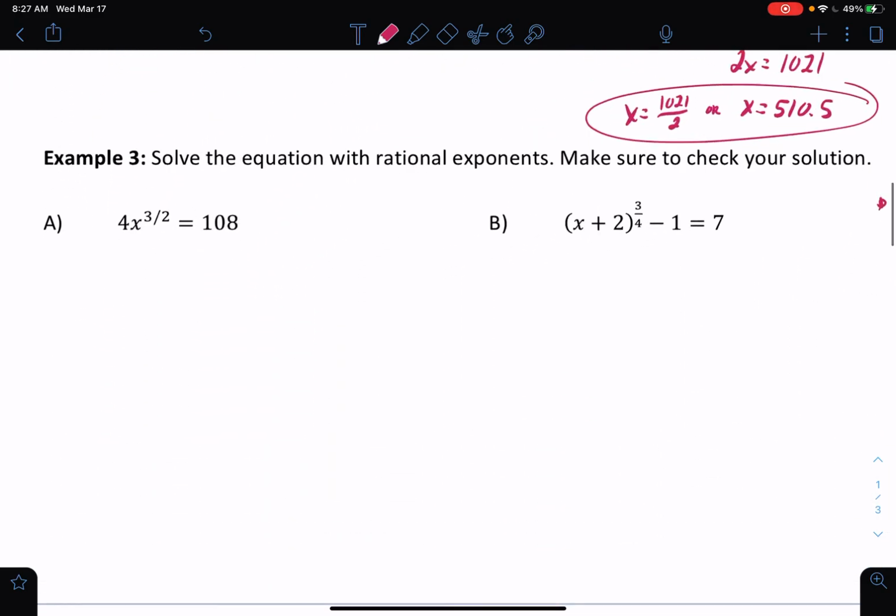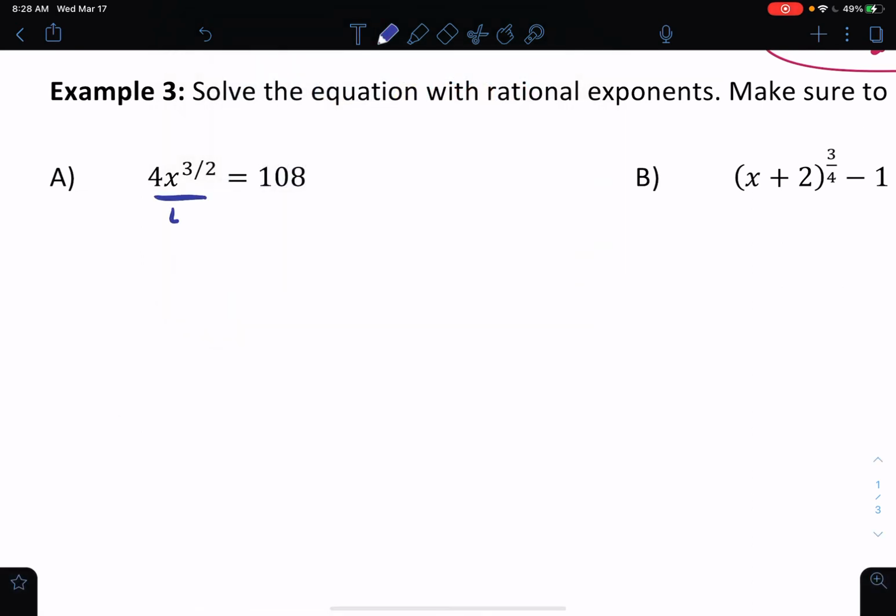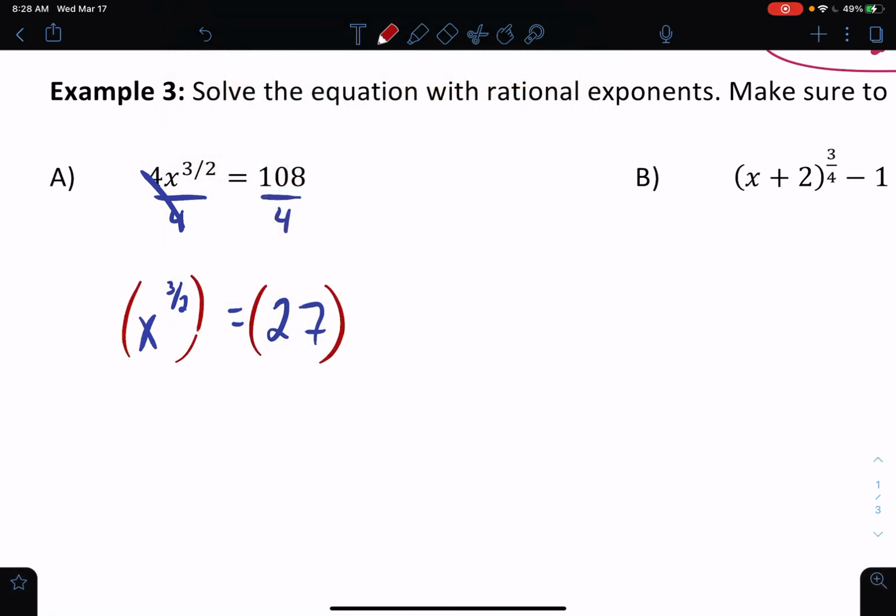So in this first one, if I want to get x all by itself, I'm going to divide both sides by 4. So I'm going to get x to the 3/2 power equals 108 divided by 4, which is 27. So how do I get this x by itself? What power do I need to raise both sides to?